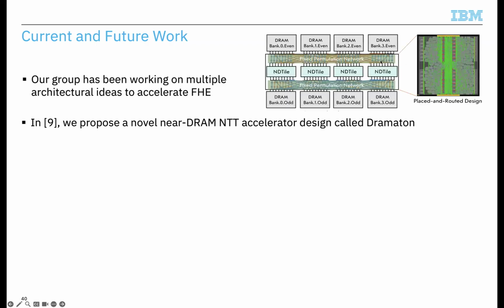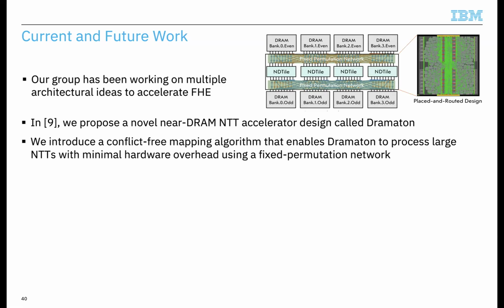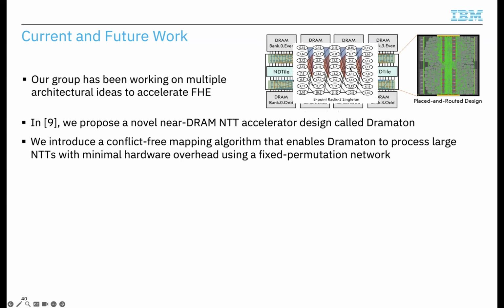The high-level idea is to have the computing units near the DRAM banks and use a different kind of NTT than the typical ones, which are Cooley-Tukey or Gentleman-Sande. This one is called a singleton-based NTT. Then we show how to scale to multiple different large NTTs and fold them down to a manageable number of PEs. This is just a teaser, and for more information, one can look at that paper.